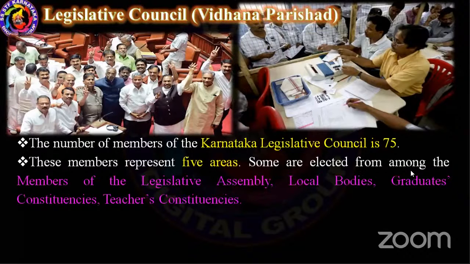Some are elected from among the members of the Legislative Assembly, and some others are elected from local bodies, graduates' constituencies and teachers' constituencies. From these areas, they elect the Legislative Council members.